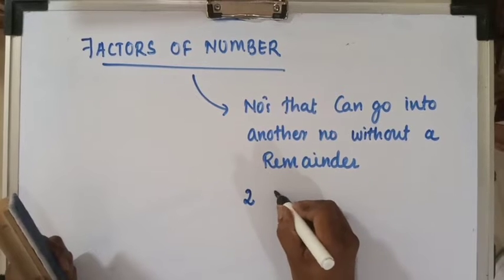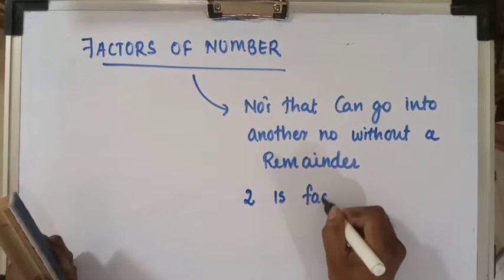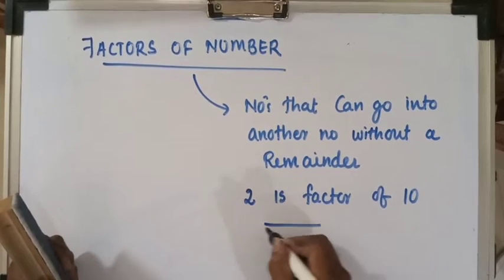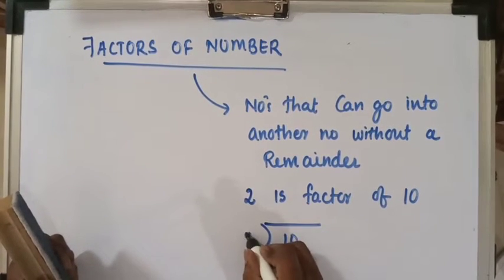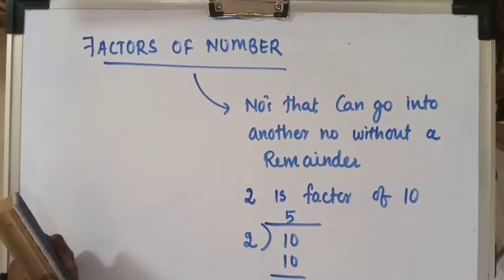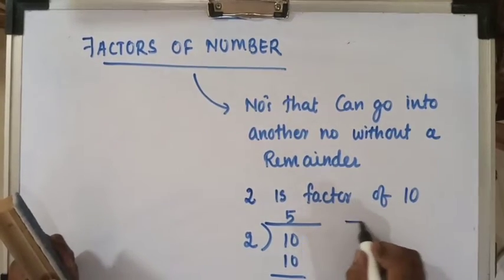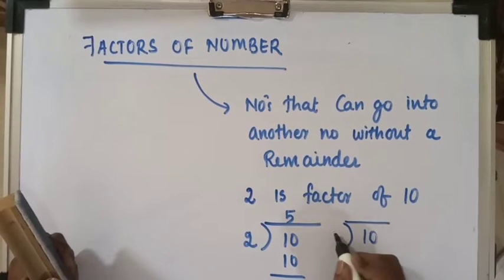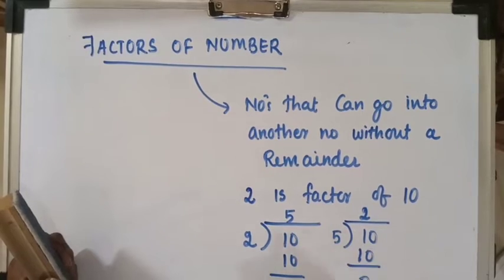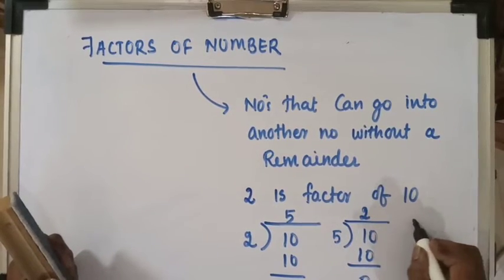Likewise, say 2 is said to be the factor of 10. Why is 2 said to be the factor of 10? When I divide 10 by 2, I have the remainder as 0. That means 2 is said to be the factor. In the same way, when I divide 10 by 5, I have the remainder as 0. So 5 is the factor of 10.